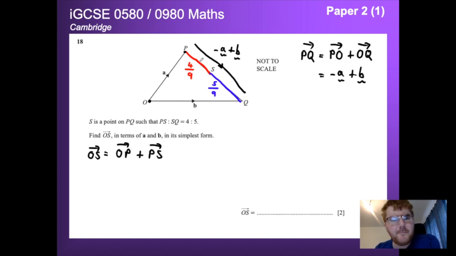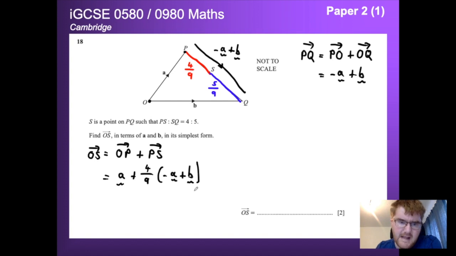But for PS, we don't want the entire line. We want 4/9 of it. So we can actually work this out now. OP is equal to A. PS is 4/9 of PQ, the one we just worked out, which is minus A plus B. At this point, it's just a case of a bit of simplifying.